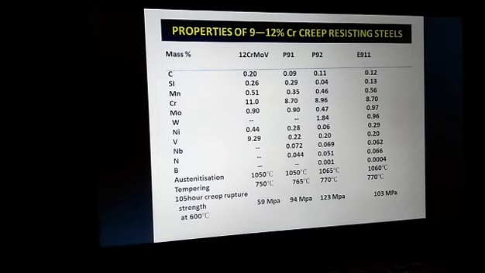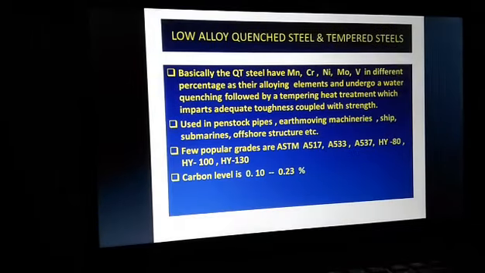Properties of 9 to 12 chrome creep resistant steel. Low alloy quenched and tempered steel.